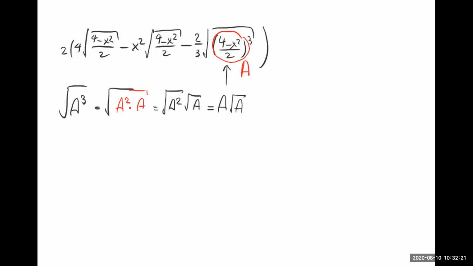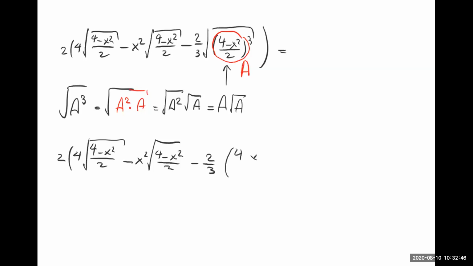So 4 minus x squared over 2 cubed, that thing comes out of the integral. So we would get 2 times 4, integral of 4 minus x squared over 2 minus x squared, integral of 4 minus x squared over 2, minus 2 over 3 times 4 minus x squared over 2 integral of 4 minus x squared over 2. Okay, and then this 2 cancels with this 2.